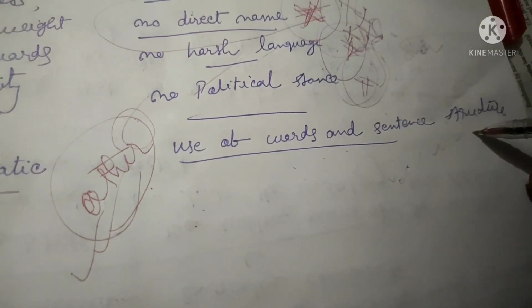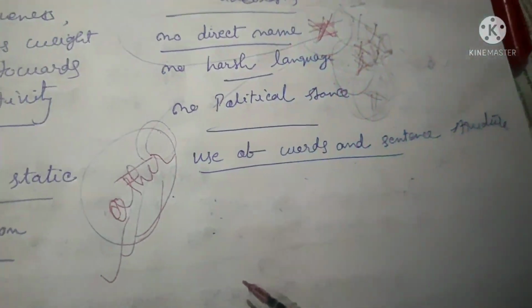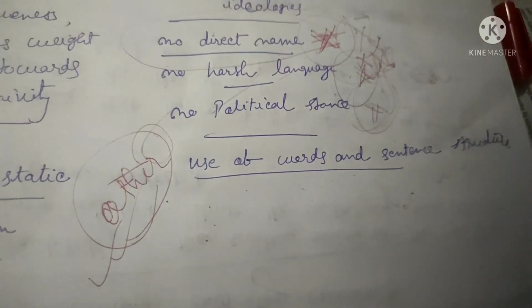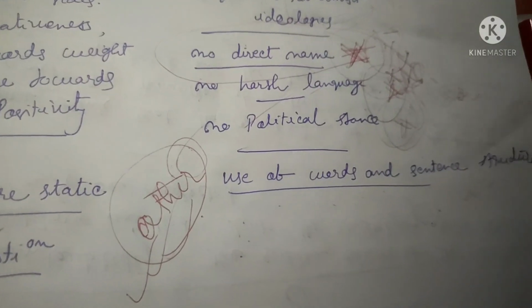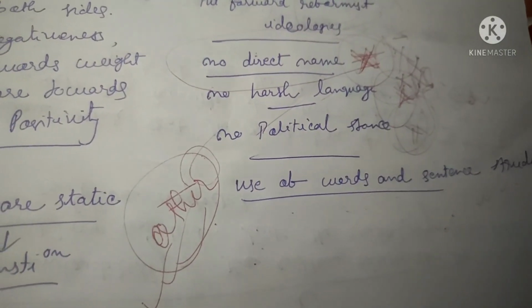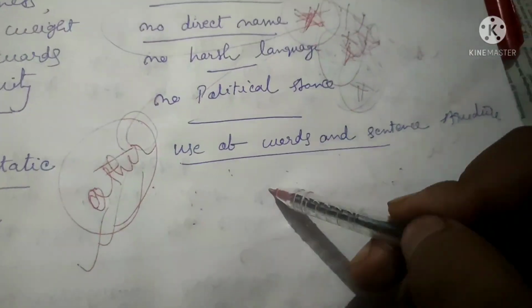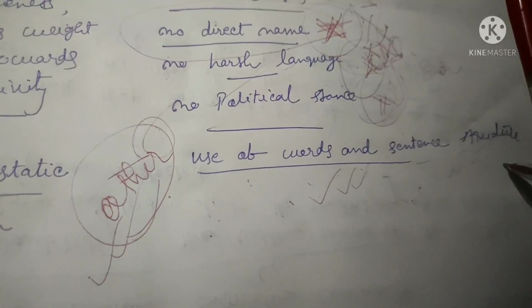The word constructive criticism derives its root from the use of words and sentence structure, because the way you are going to criticize anyone or any issue will be solely dependent on how you have applied words and sentence structure.